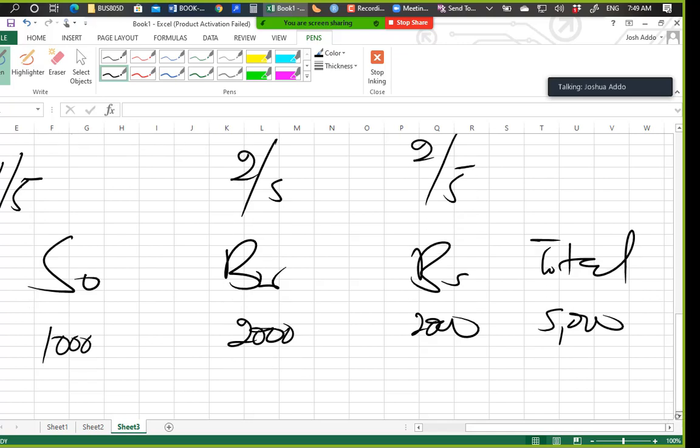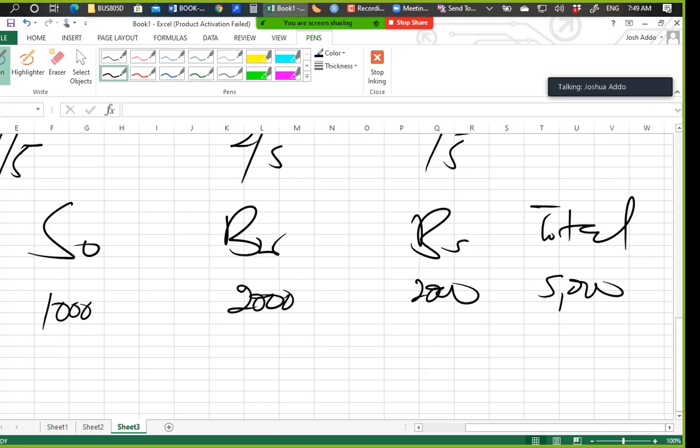So the ratio would have been 1,000:2,000:2,000, which is 1:2:2. In terms of percentage, the total will be 100%, or in terms of ratio 1, because it will be 5,000/5,000 times 100%. Then we express the rest as a percentage of the total. So Sobolo would have been 1,000 divided by 5,000, times 100%, which is 1/5 times 100%.